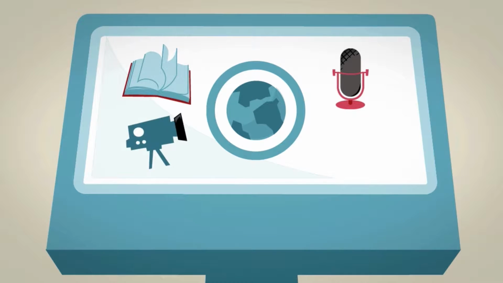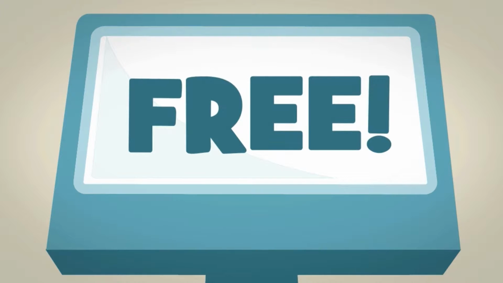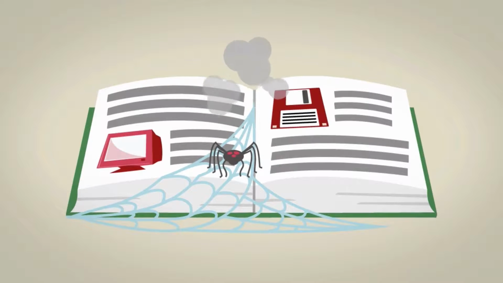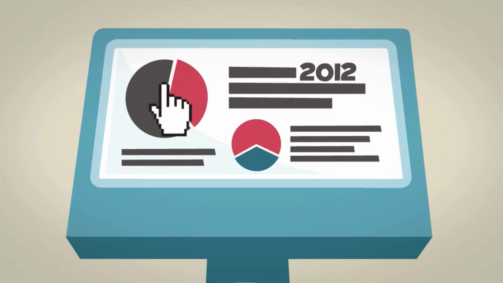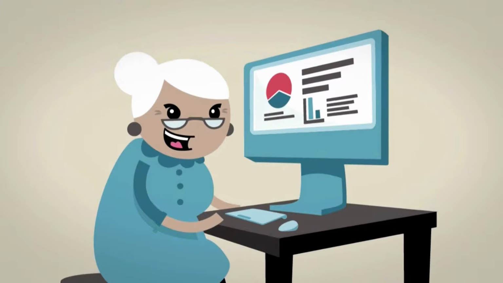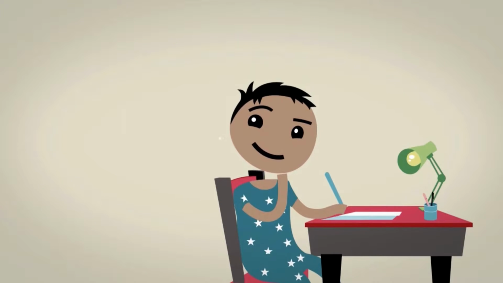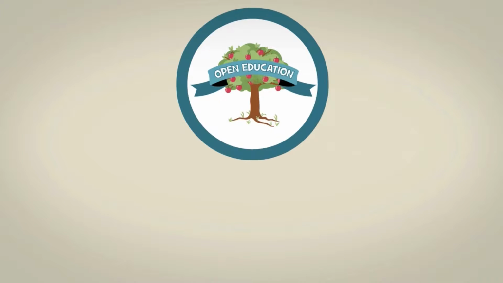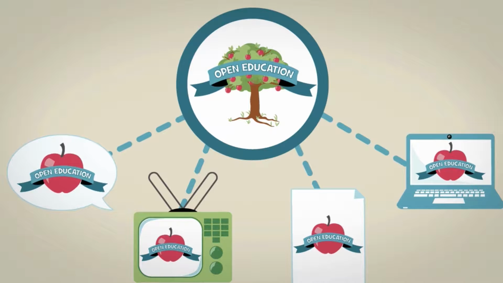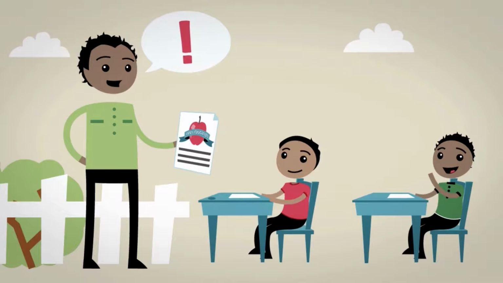The basic idea is to put top-notch learning materials on the web that anyone can access for free. You see, unlike textbooks, open ed resources can always be revised, so they're never out of date. Teachers are given free license to adapt them and improve them, giving students exactly what they need to achieve their dreams. As all open ed resources are free to share, schools are no longer limited by where they are or how much money they have.